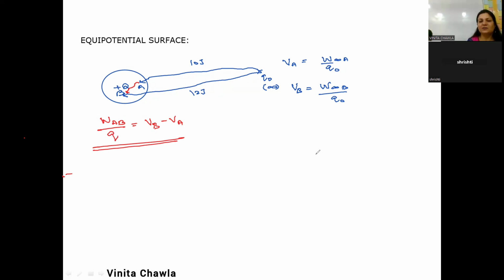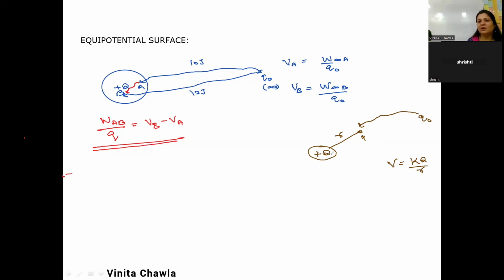What if we have this charge and a point at some distance R? Suppose this test charge Q naught comes here, at some distance R from this charge. So the electric potential at this point P due to this charge will be KQ by R only.